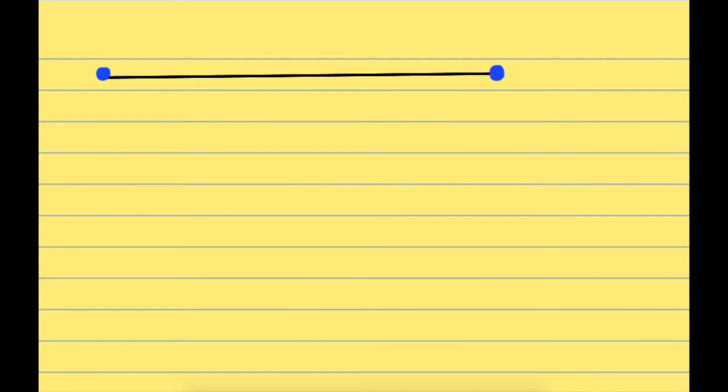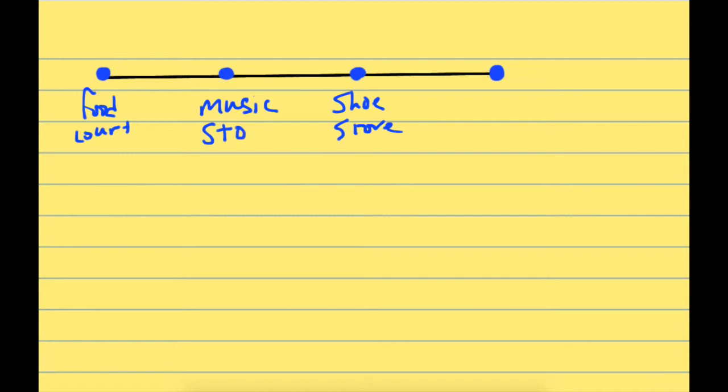And we know that because the music store is halfway between the food court and the shoe store. So if this is our food court, and this is our shoe store, then halfway between those two is the music store. And then the shoe store is halfway between the music store and the bookstore.